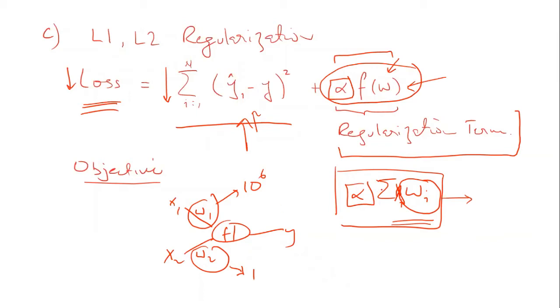What about X1 versus X2? Is X2 going to be utilized over here? So essentially, this particular feature is going to be neglected as compared to this particular feature.